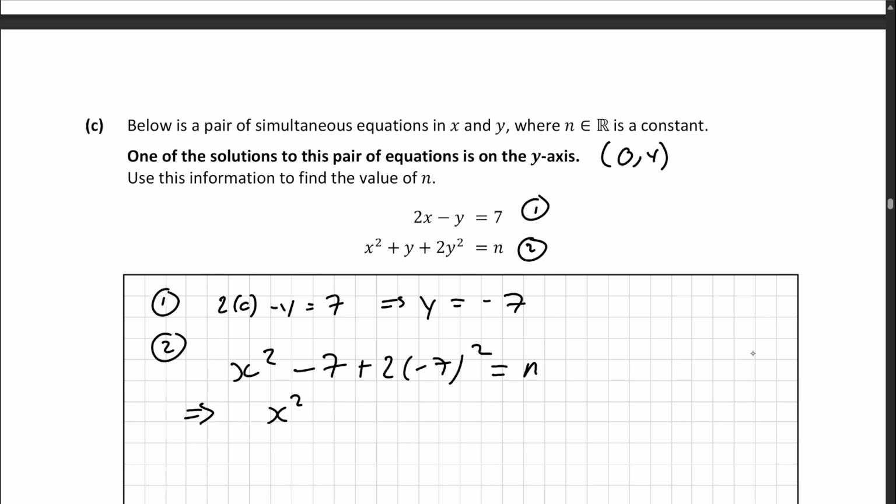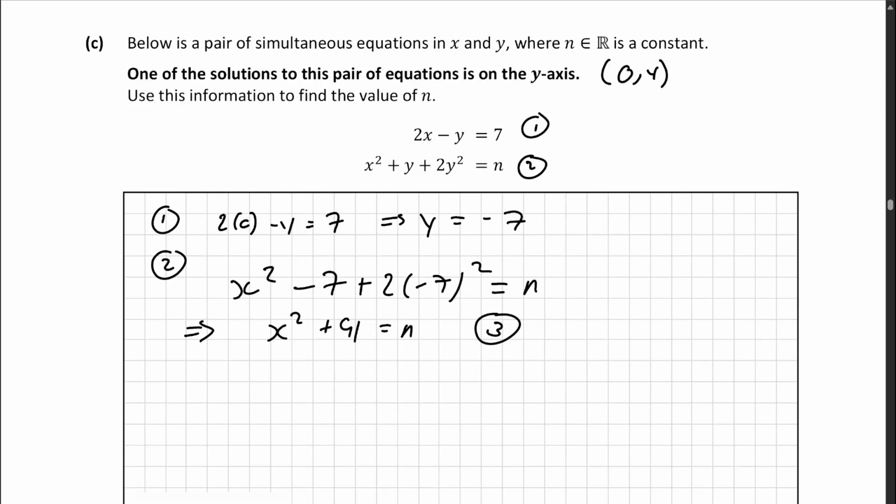So I'll have x squared plus 91 equals n. That's equation 3. And then 0, y we can sub in as well. So we have 0 squared plus y plus 2y squared also equals n as equation number 4. No, what am I doing? I've done this wrong, haven't I?